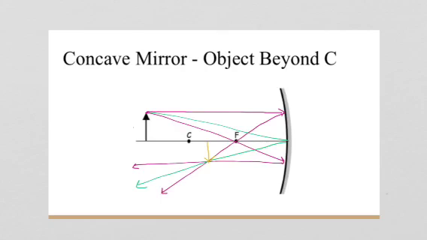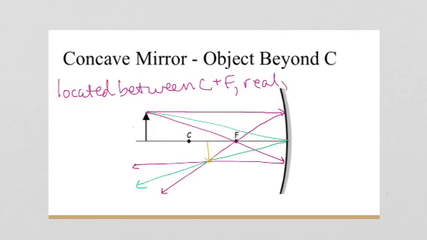So, what conclusion can we make? We can conclude that for images formed by a concave mirror when the object is beyond C, behind C, further away from C, that image is located between C and F. And this will be true of all objects behind C. It is a real image, because it's in front of the mirror.